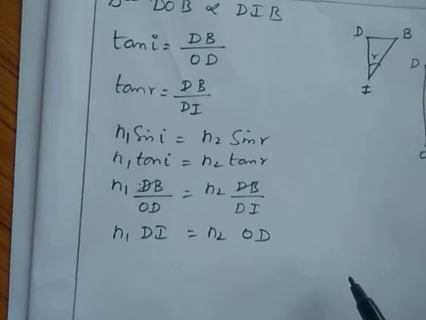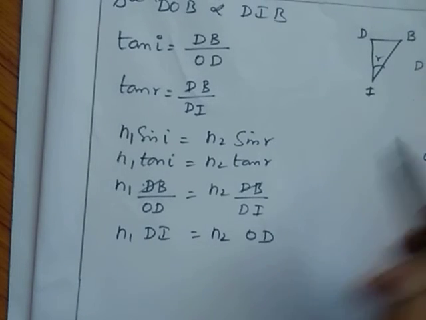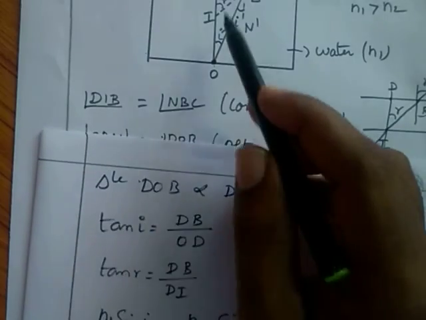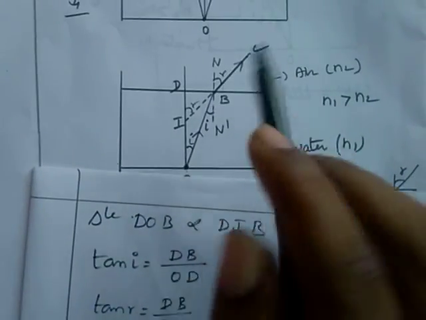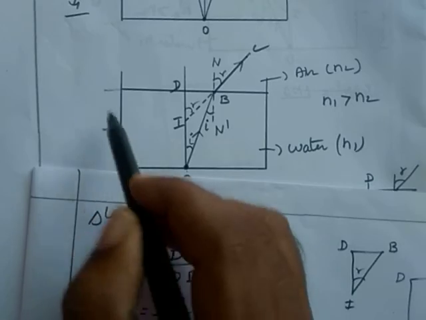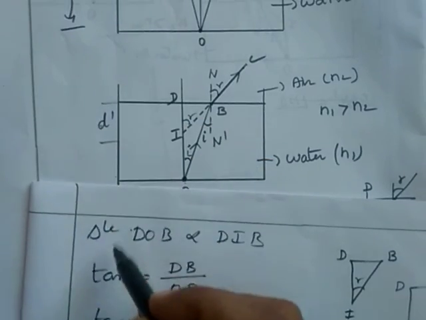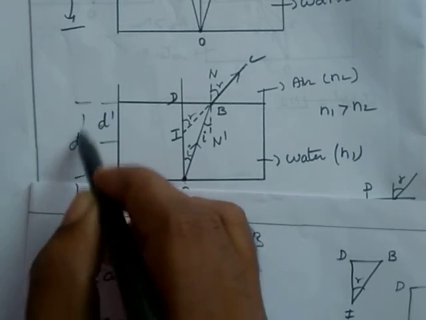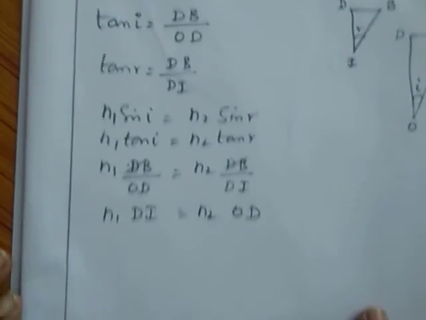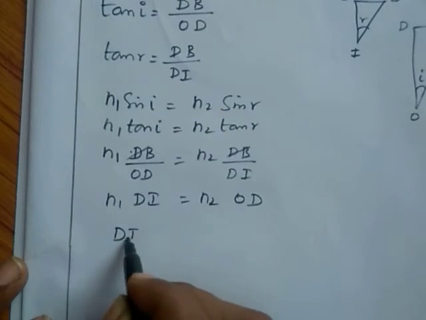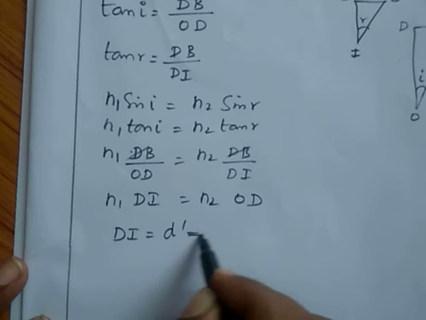The term DI is known as apparent depth, that is d dash. The term OD is d, the actual depth.